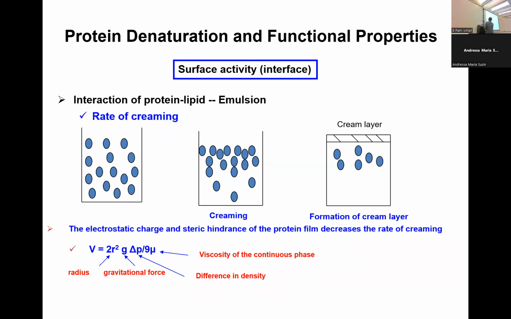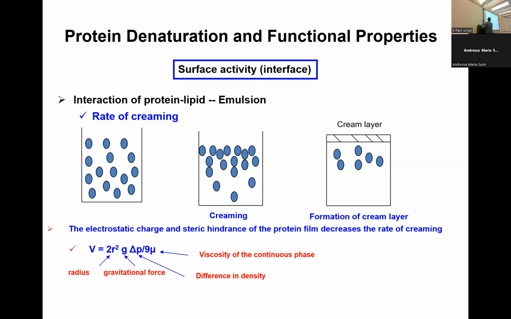Okay, so the larger the radius of your oil droplet, the larger the rate of separation. So V is the rate of creaming or separation. The higher the gravitational force, the higher the rate of creaming.